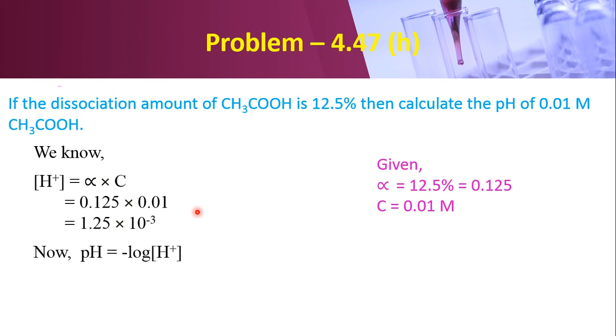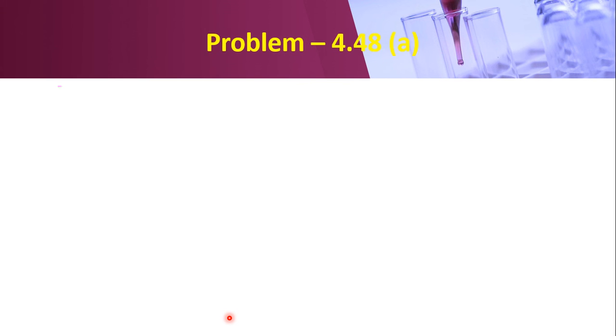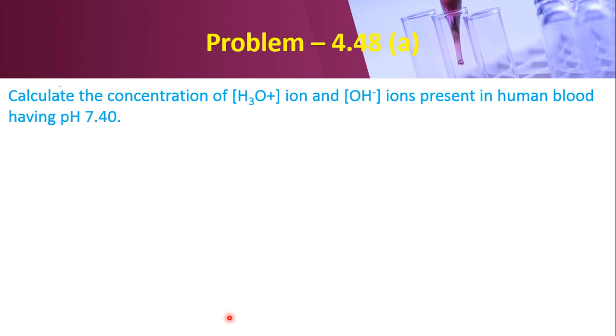Now you can easily find the pH of acetic acid. pH equals minus log concentration of hydrogen ion, and from there we get pH equal 2.903.